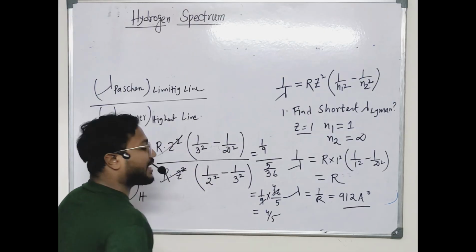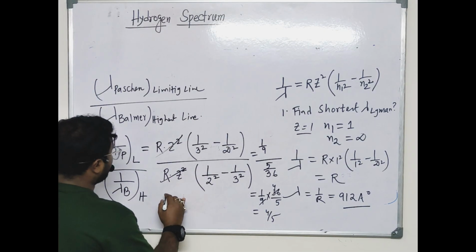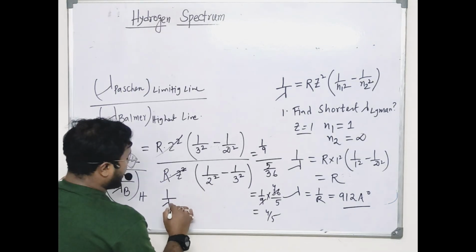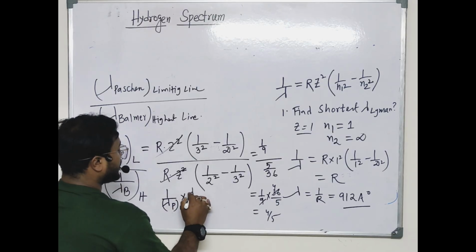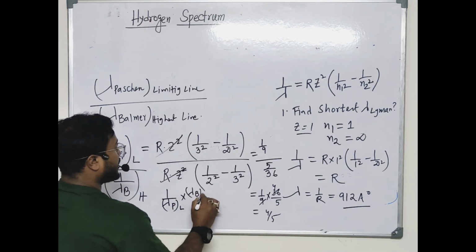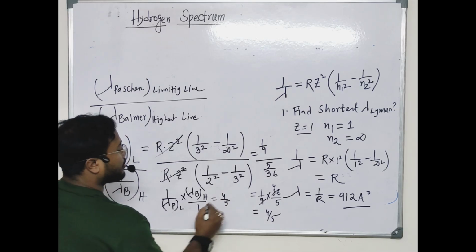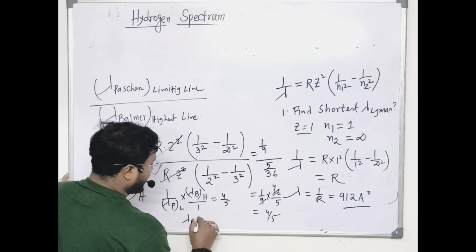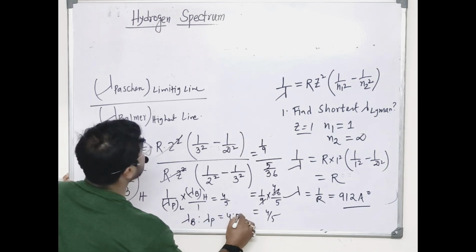So basically the value I am getting is 4 by 5. So I can write 1 by lambda P limiting into lambda B highest divided by 1, that is equal to 4 by 5. Correct? So lambda B is to lambda P, that is 4 is to 5.